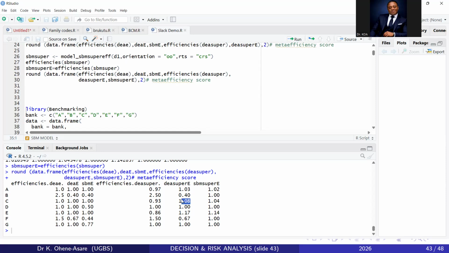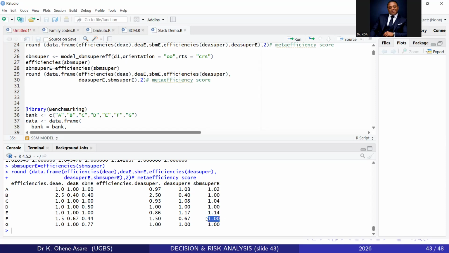Now, this one is super efficient. It's still super efficient, but it was not made too much super efficient. This one and this matches. This was super efficient, but it was not made too super efficient in the SBM. This is inefficient, and it was made efficient in the super efficiency.